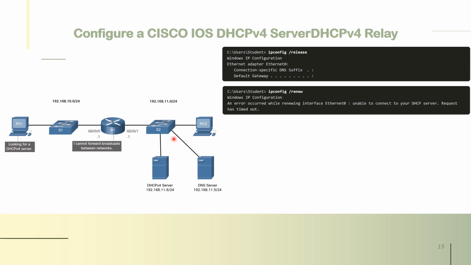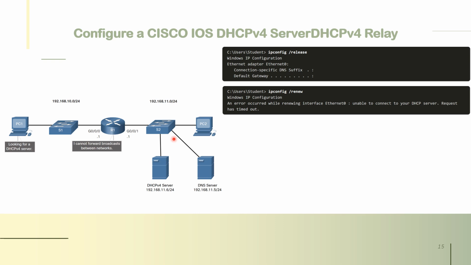This command will cause the PC1 to broadcast a DHCP discover message. The output shows that the PC1 is unable to locate a DHCP version 4 server because the router does not forward broadcast. The request is not successful. In this case, the network administrator could add a DHCP version 4 server on router 1 for all subnets.